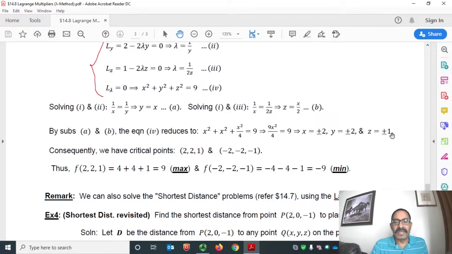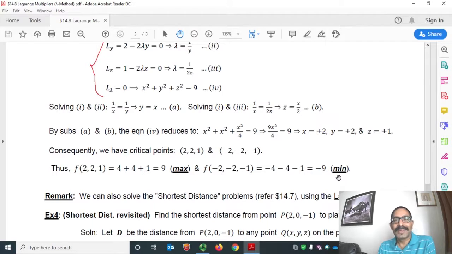So we found the critical points 2, 2, 1 and minus 2, minus 2, minus 1. 2 critical points. So the next step, evaluate the function at those critical points. We found here f at 2, 2, 1 is 9, a maximum, and f at minus 2, minus 2, minus 1 is minus 9, a minimum.